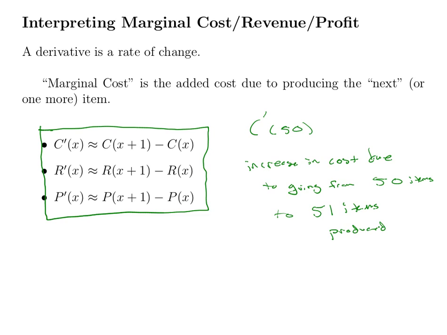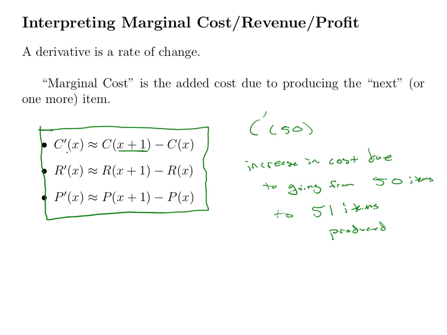And a lot of times we'll be given some sort of a time unit, maybe this will be in weekly production or something like that. So we can say if we're right now producing 50 items a week and we want to see what the added costs will be if we add one more item to our production, we can look at the derivative at 50. So that's why we've got this x plus 1 here.